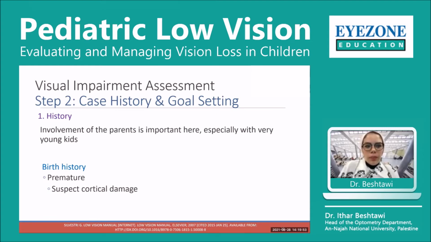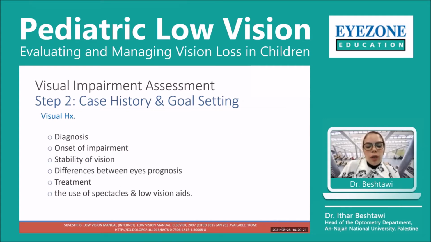So from the moment you meet the child, you can get a lot of information by assessing if they look straight at you or use eccentric fixation, if they are sensitive to light, they would wear a peaked hat or shield their eyes, and if they need you to guide them or can orientate themselves independently.